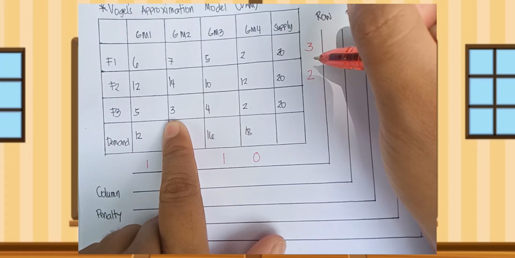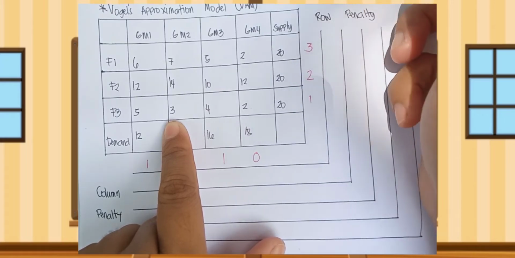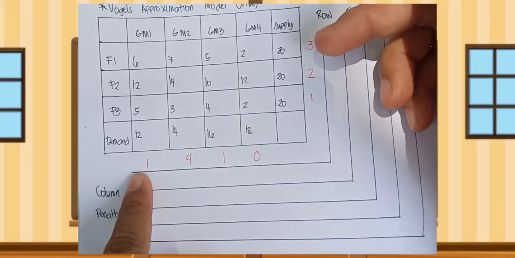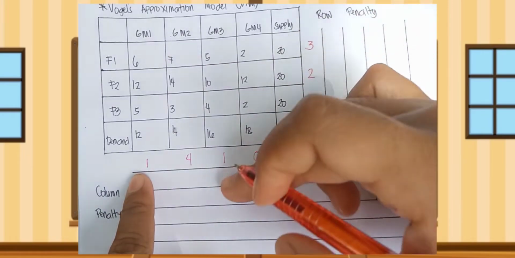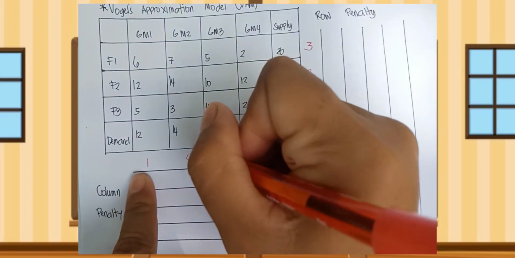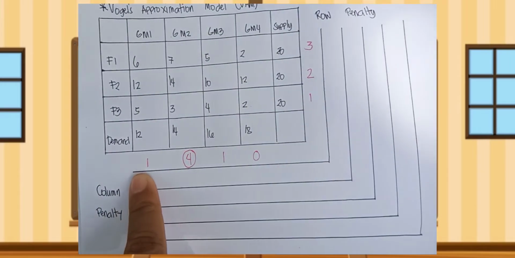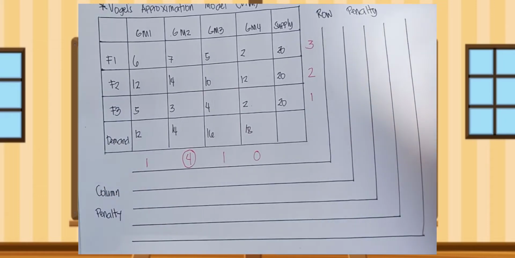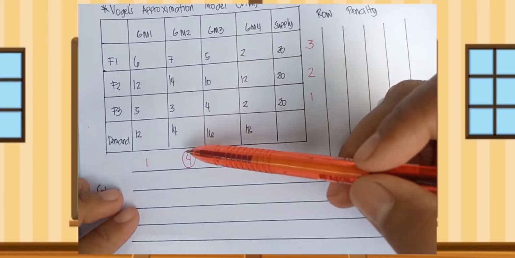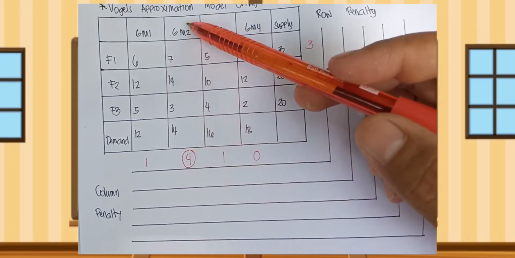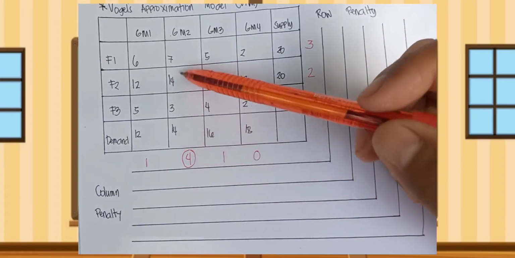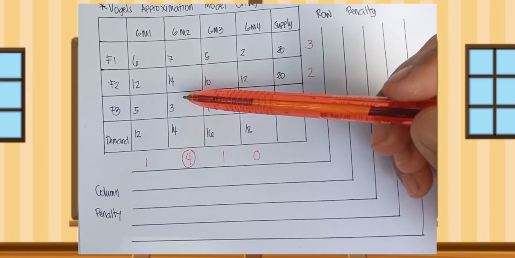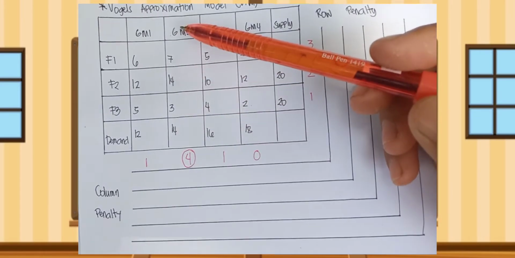Then in this row, we have 2 and 3, so we have 1. And after that, we will find the biggest number among our penalties. So we have 4. We will encircle this as a sign of notice. This 4 belongs in the second column, so we will find the smallest number in the second column.